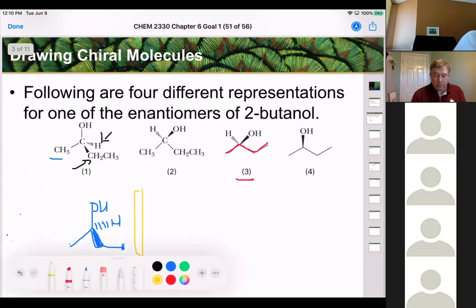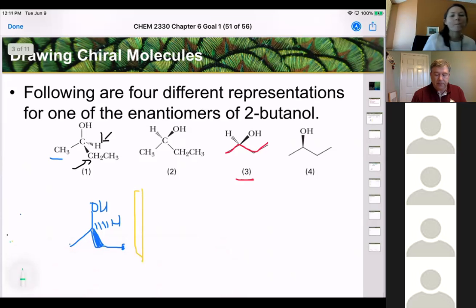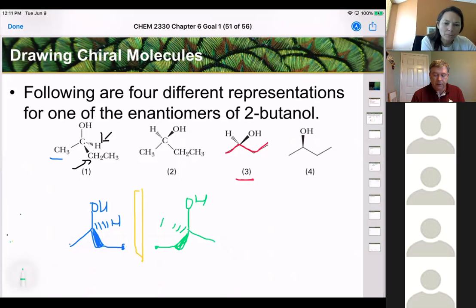And so when I draw the mirror image of these things, what I like to do is start from the thing closest to the mirror and draw outward from it such that it looks like a mirror image. So I'm going to start with this methyl group at the end of this chain, and then I'm going to draw that filled wedge in here, and then the OH on the top here, the stick going back, and then the hydrogen going here.